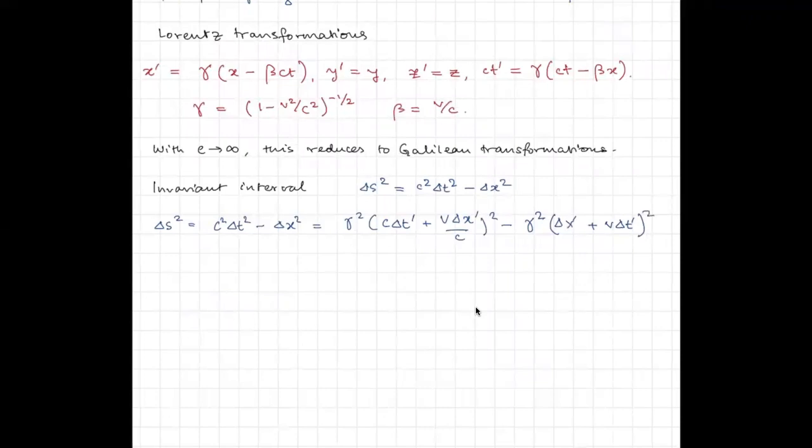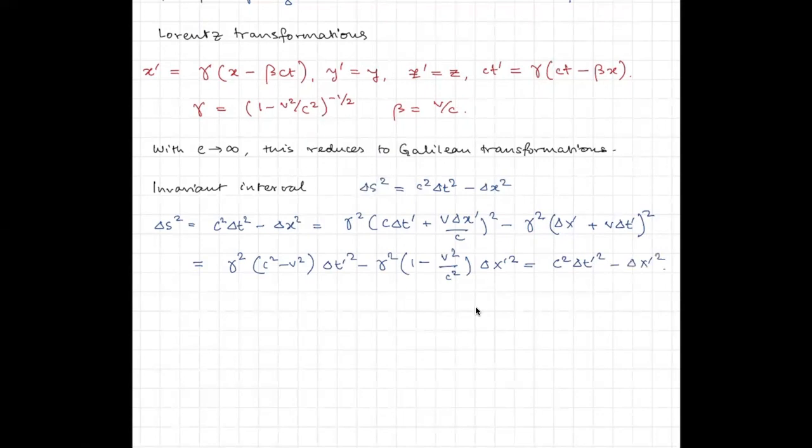So you do this, and a couple of lines of very simple algebra, this is gamma squared c squared minus v squared into delta t prime squared minus gamma squared into 1 minus v squared over c squared delta x prime squared, which is nothing but c squared delta t prime squared minus delta x prime squared.